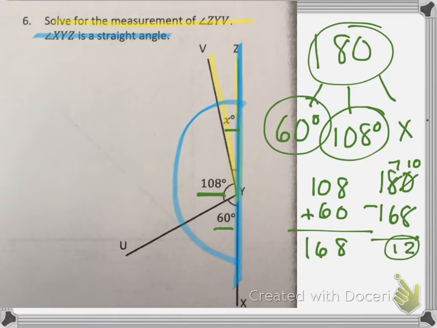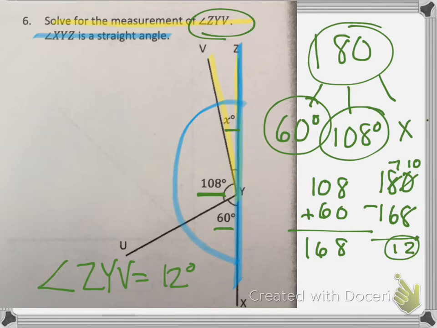Okay, before I go any further, I'm going to write angle X, Y, Z equals 12 degrees. I need to write that because that's what they're asking me for. Solve for the measurement. Nope, I did that wrong, friends. Angle ZYV is what we need to know. We need to know that angle, and that equals 12 degrees.